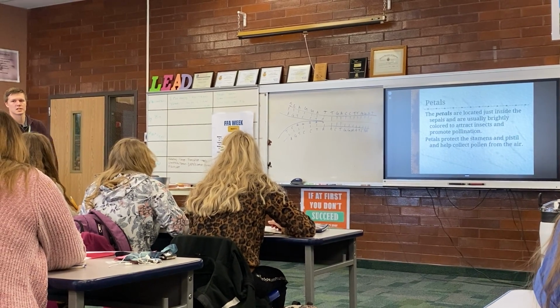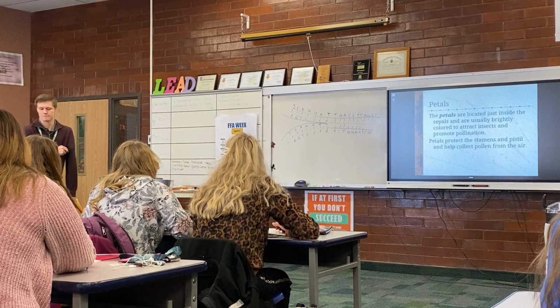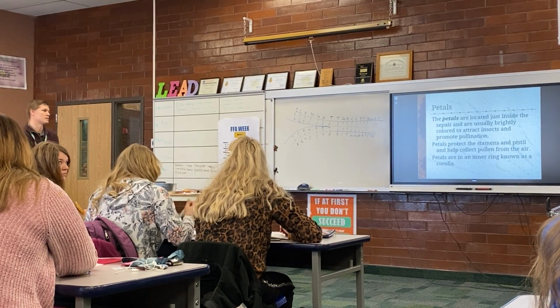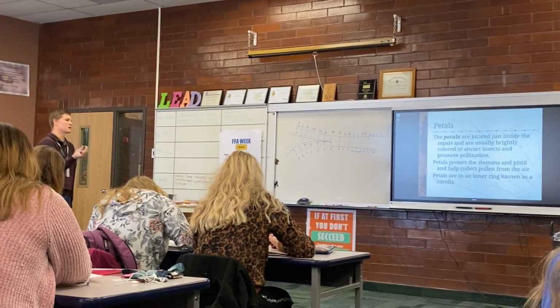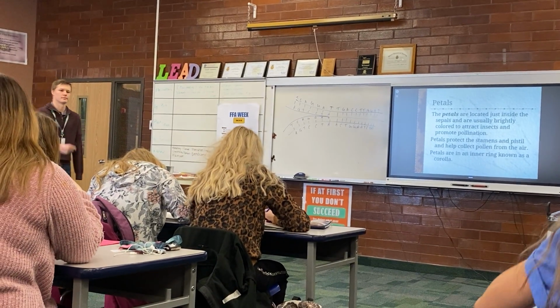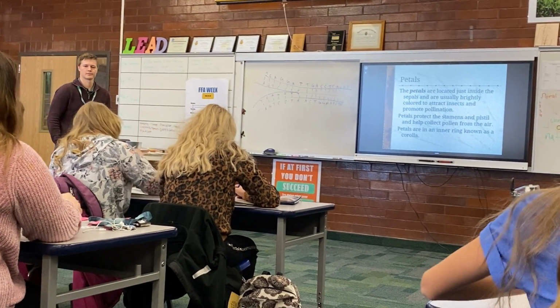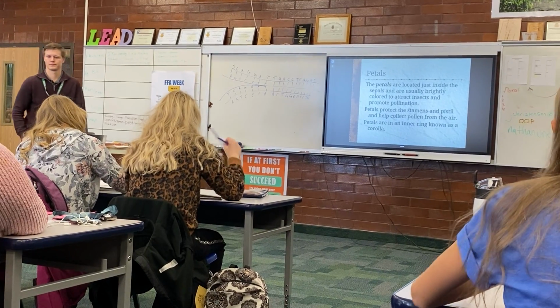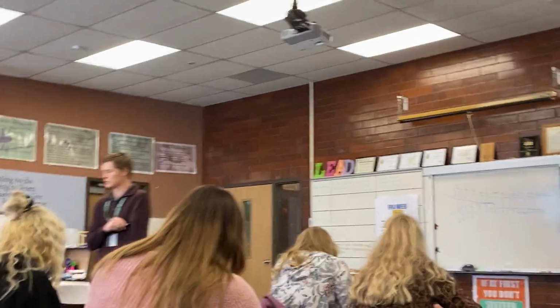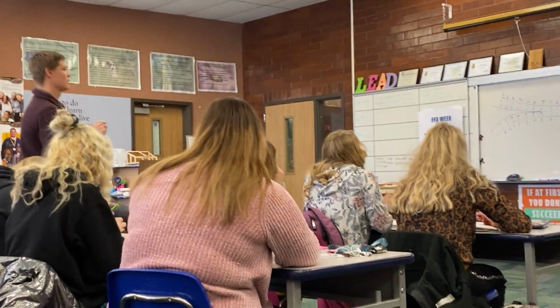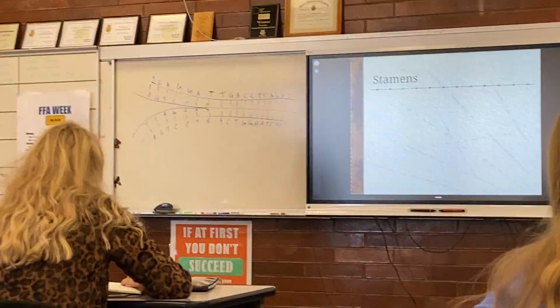Okay? Makes sense? And they're in the inner ring. So the outer ring is the calyx, the petals are the inner ring known as the corolla. This is an example of what they look like. You guys have that on your notes already.